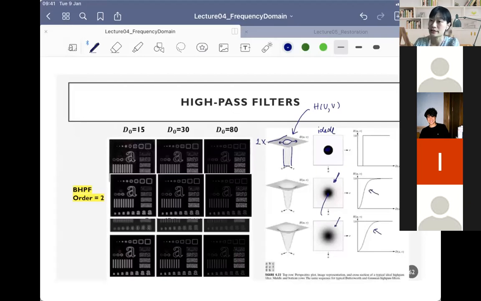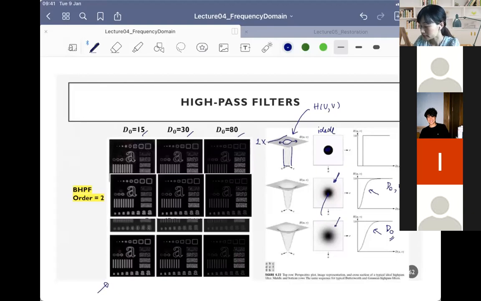And the same parameters can be configured. For example, for Butterworth, you can configure D0 and N, the order of the Butterworth filter. And for Gaussian, you can select the variance of your Gaussian distribution using the cutoff frequency parameter. And this is what you see in the results for different cutoff frequencies.